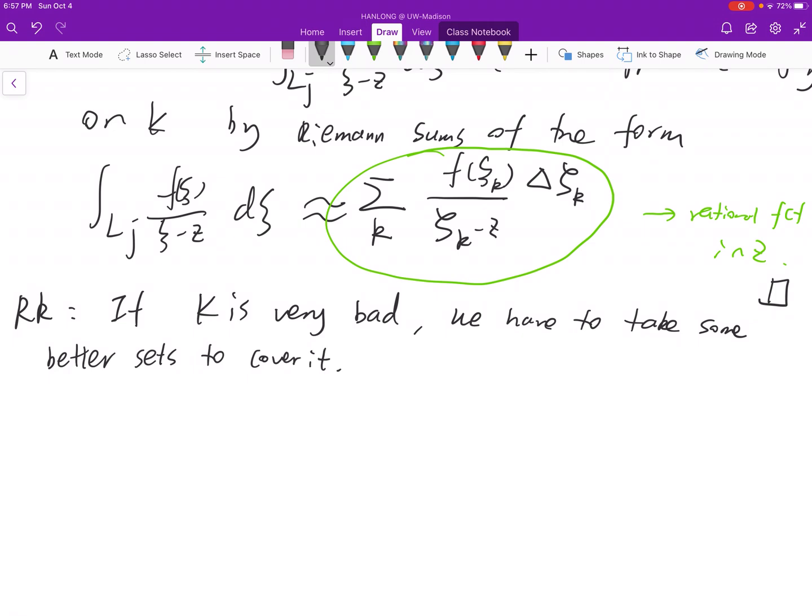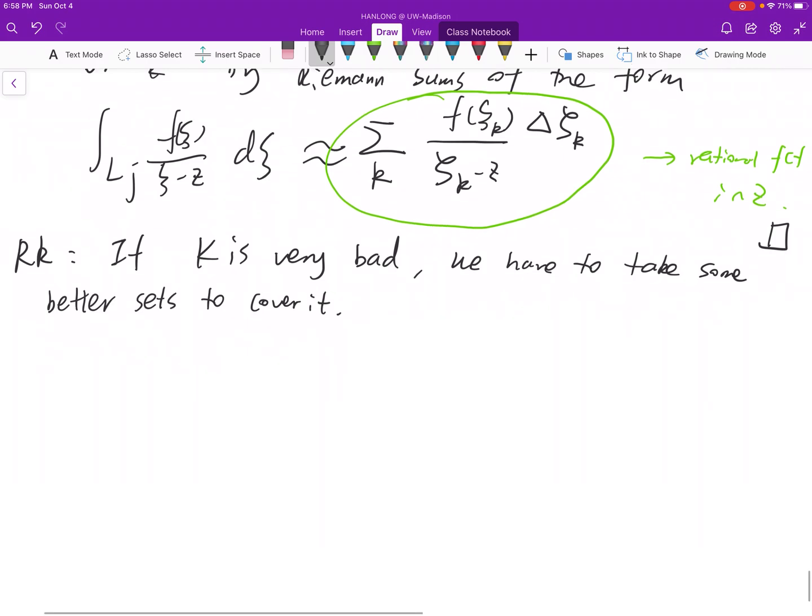Better means you have better boundary behaviors, either piecewise smooth or just smooth. Then if you can do approximation on the larger set, of course you have approximation on the small set.